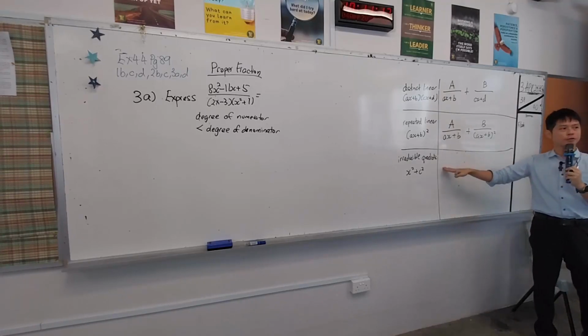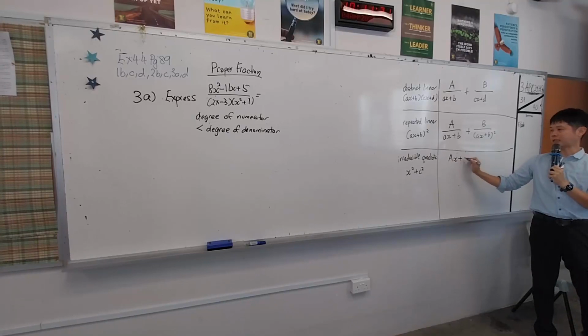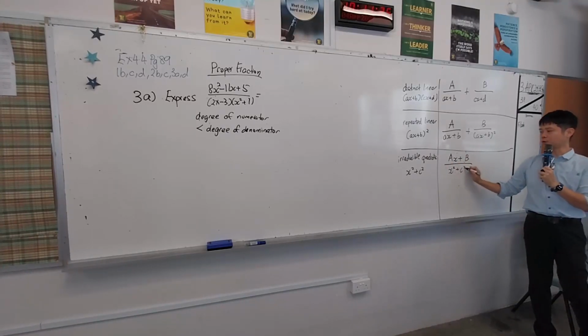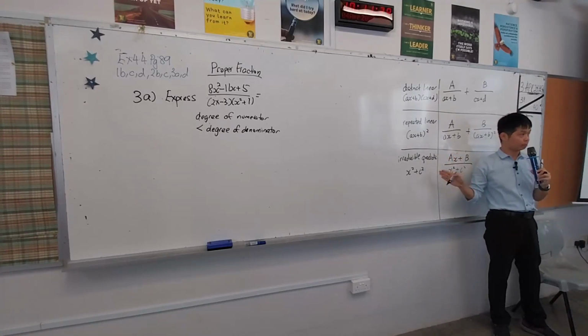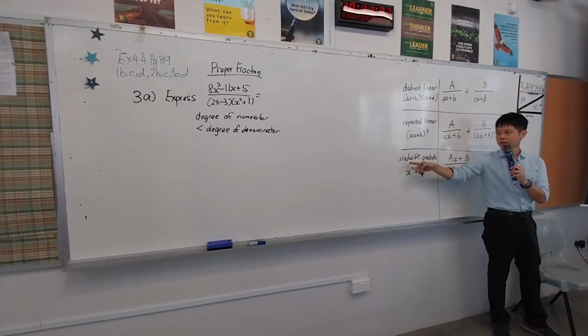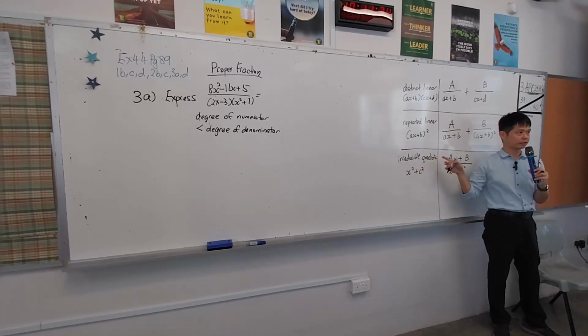All right, finally, this one we can just split into Ax plus B over x squared plus c squared. Now, basically, it is a quadratic that cannot be factorized anymore. That's why it's called an irreducible quadratic factor.